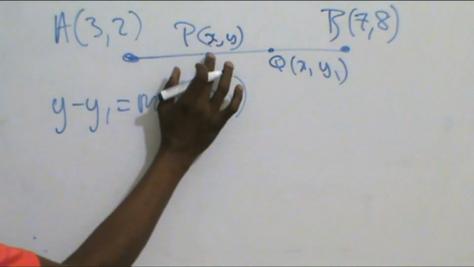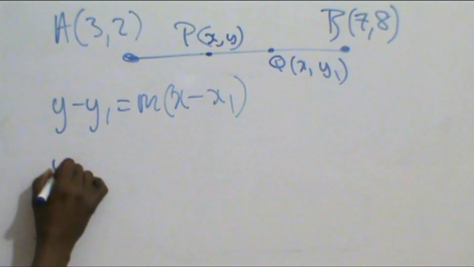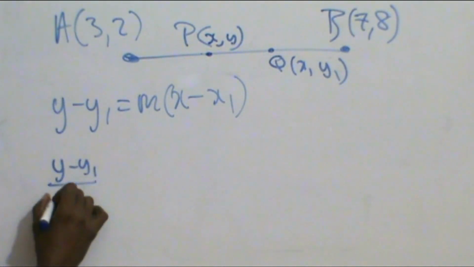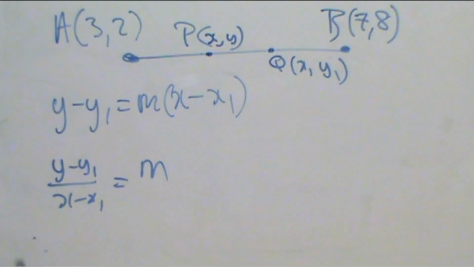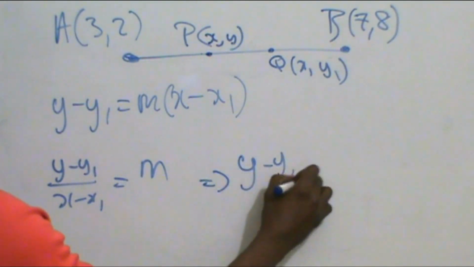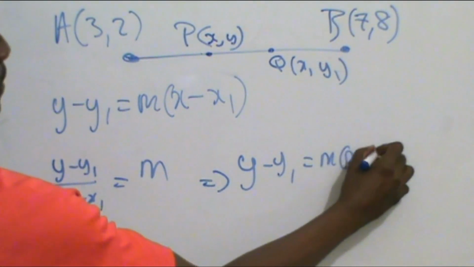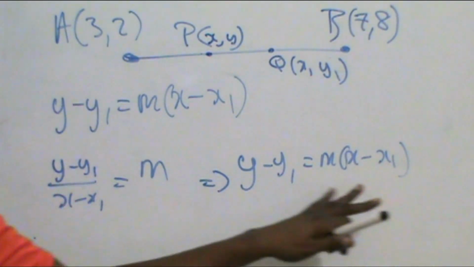We know then that the gradient between these 2 points is, watch it, (y minus y1) over (x minus x1), which will be equal to the gradient. And then if we cross multiply, the next line will be that y minus y1 is equal to m into (x minus x1). So that is how we get the formula for the straight line.